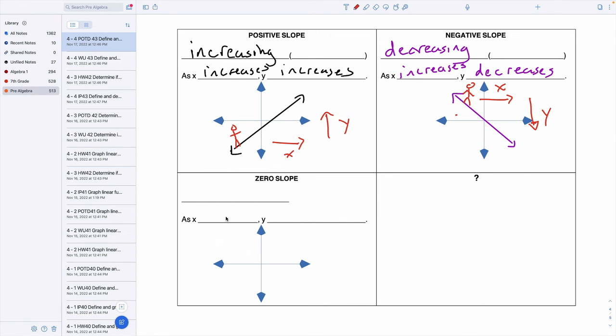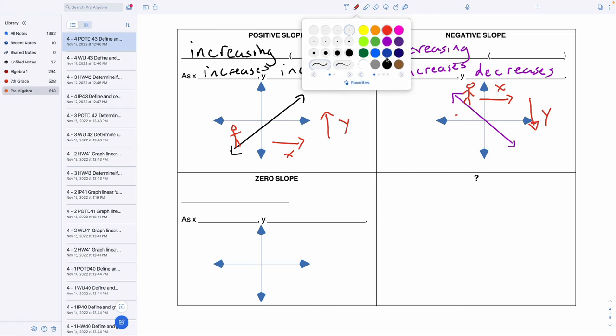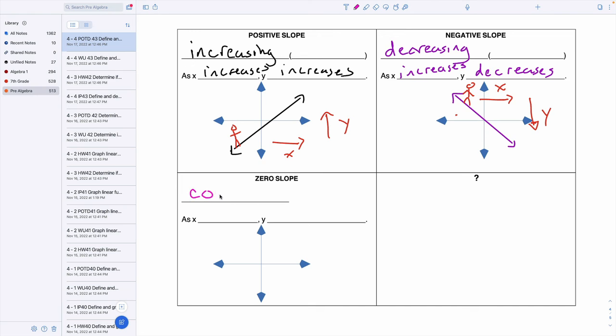And lastly, you might have a 0 slope. That just means there's not a slope at all, and this is constant. As x increases, y is going to stay the same.